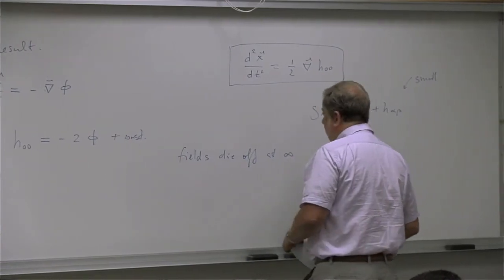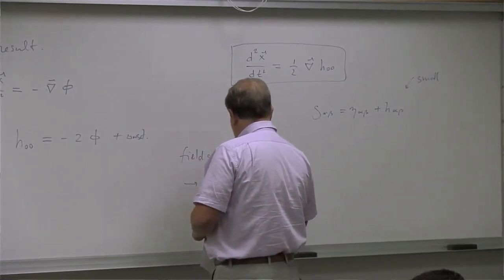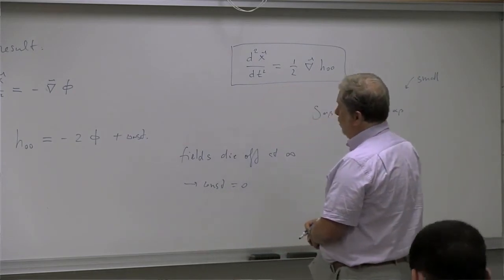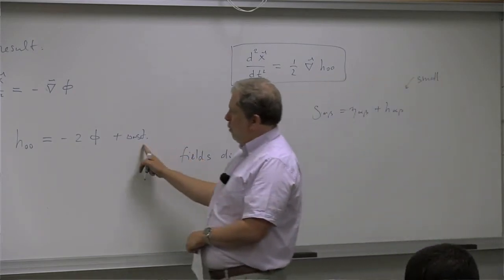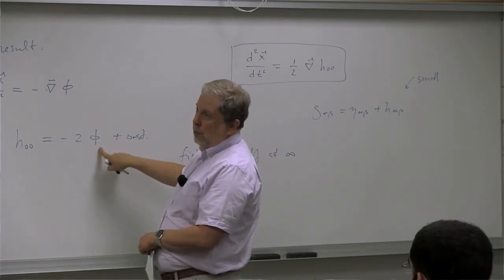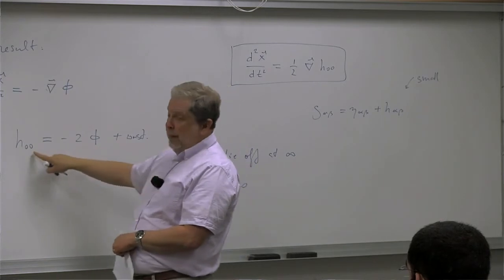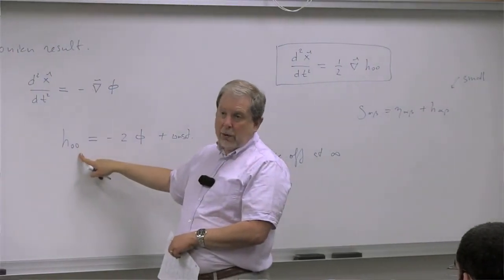So that would imply that the constant is equal to 0. Why should the constant be equal to 0? Well, because if the constant is equal to 0, then at large distances from whatever the source is for the gravitational field, the h naught naught will be 0. Is that a good thing or a bad thing?